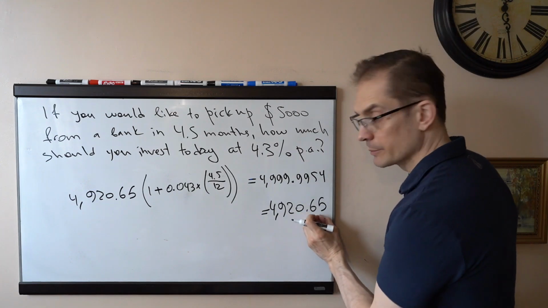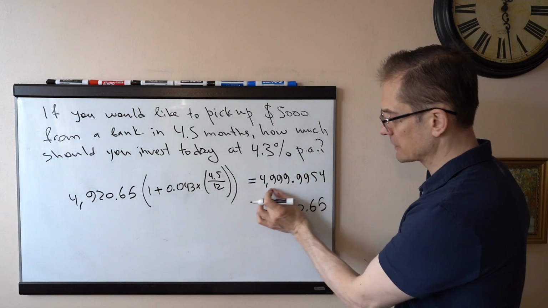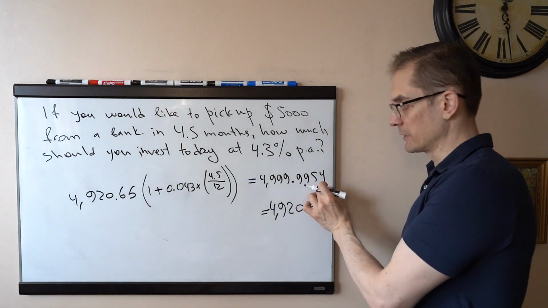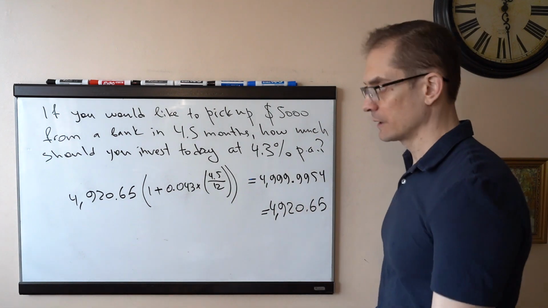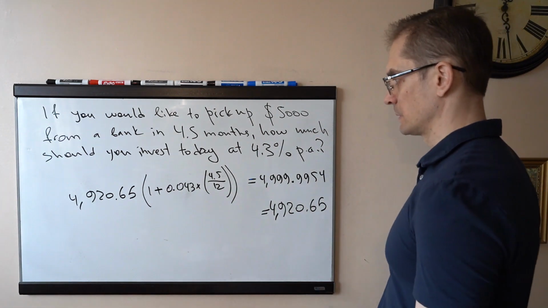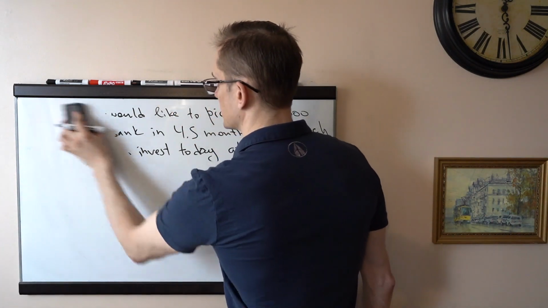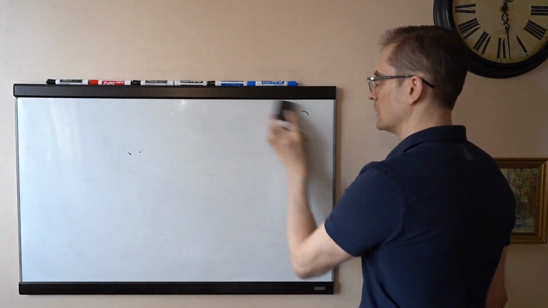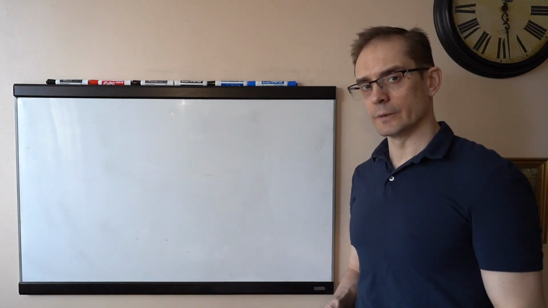Just a little bit of rounding of our principal resulted not in exact $5,000, but rounded to 2 decimals, it will be exactly $5,000. So this problem shows how important it is to know that simple present value formula.